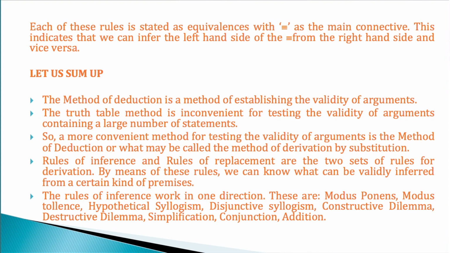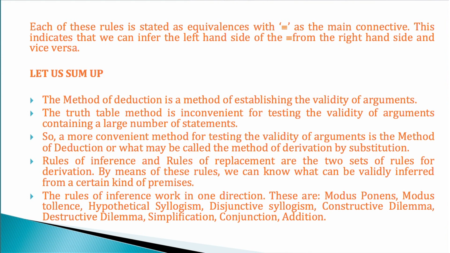The basic points discussed in this unit are: the method of deduction is a method of establishing the validity of arguments. The truth table method is inconvenient for testing the validity of arguments containing a large number of statements.